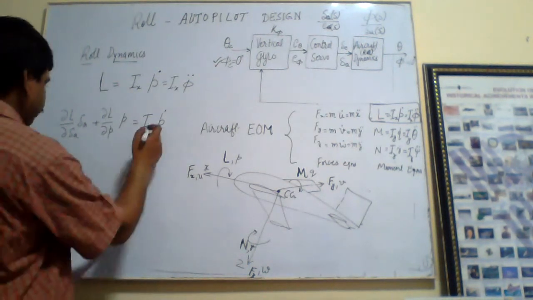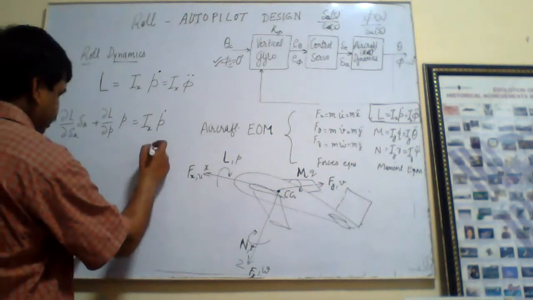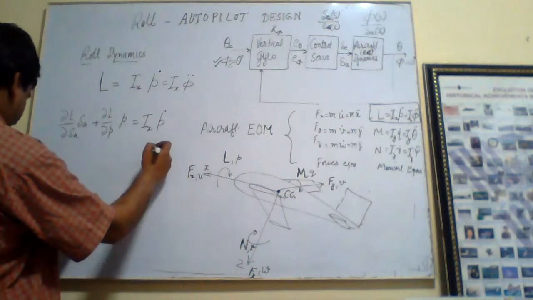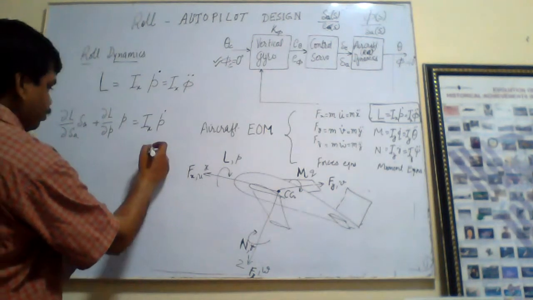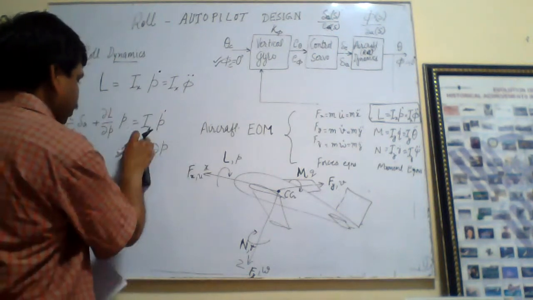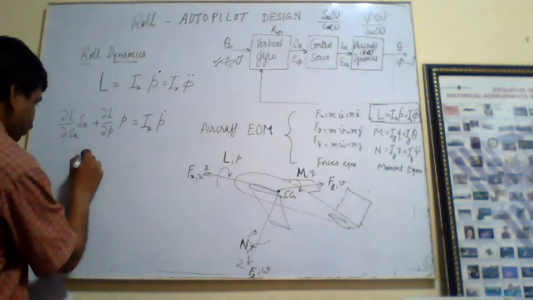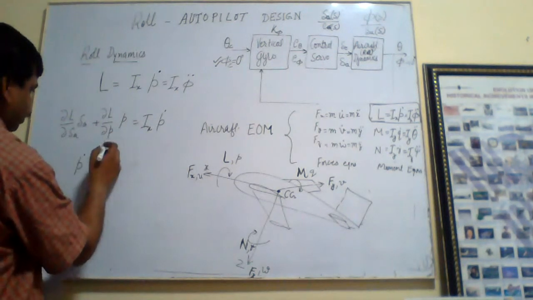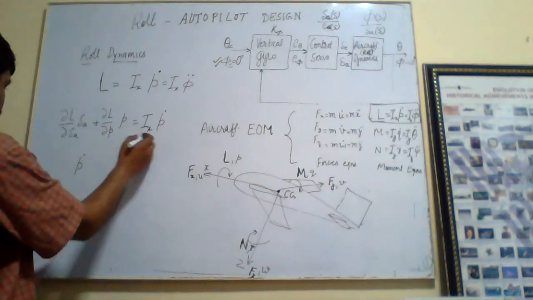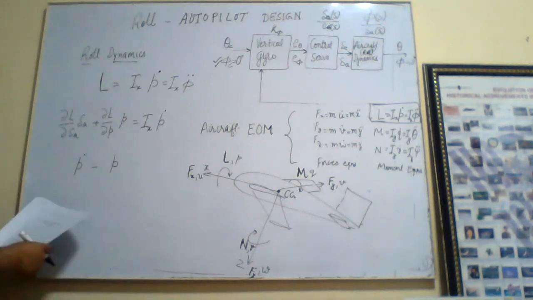So I get, if I write this, P dot equation, then I have minus P equation.